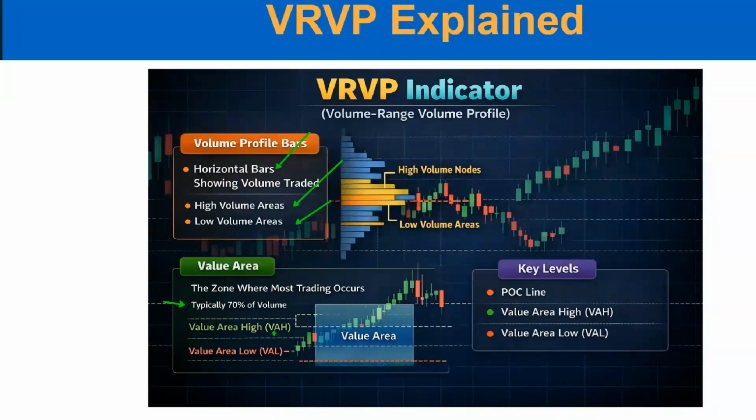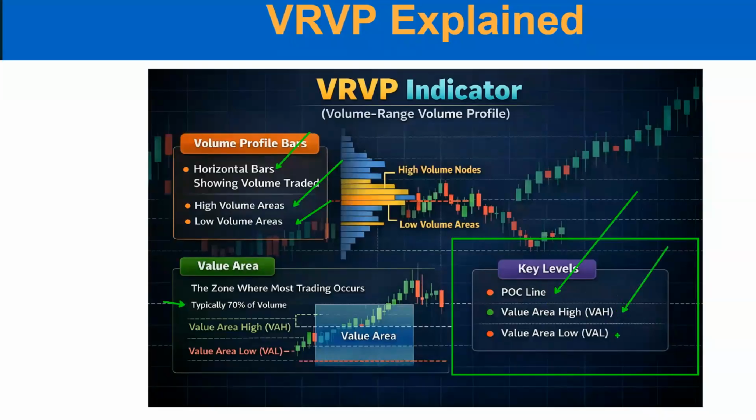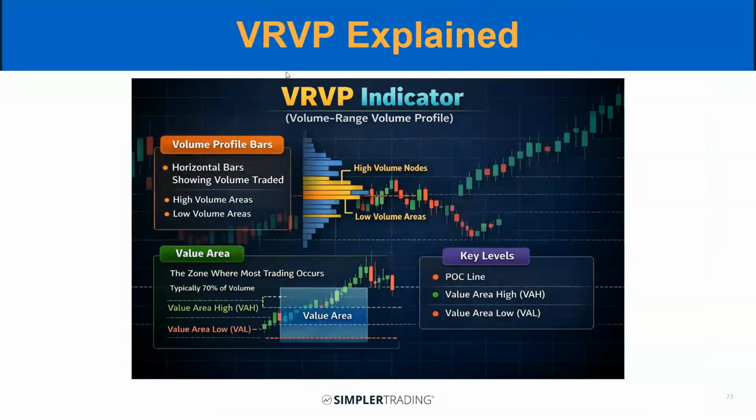And you have your VAH, or value area high, and your value area low. And then you have these options right here. I will tell you in a second when I show you the settings. I do not use the POC line, which is the point of control, and the value area high and the value area low. Now, everyone who has the indicators knows that you also get the indicators on TradingView.